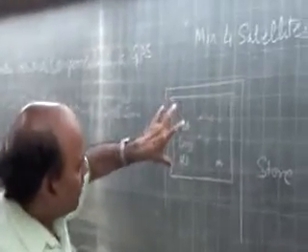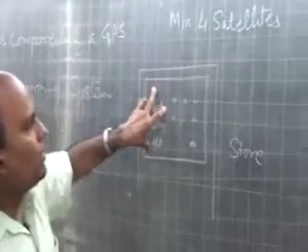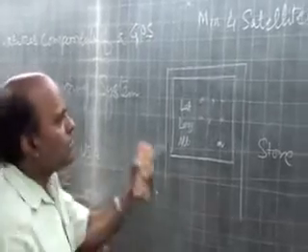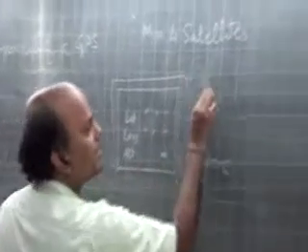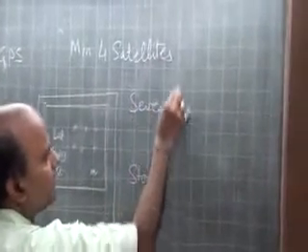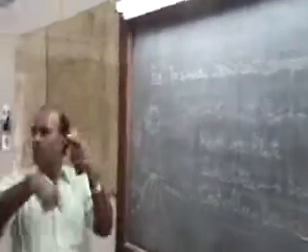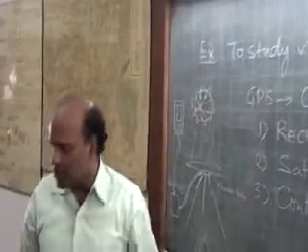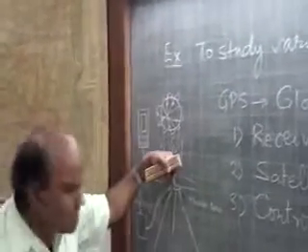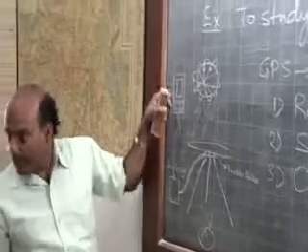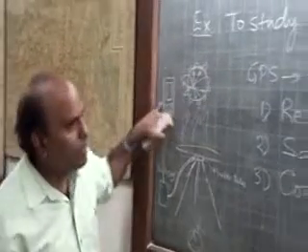Some devices can store 1000 points, some can store 10,000, some can store 50,000 points. From one particular point you take several observations. Don't take one single observation, take several observations. That means this value keeps on fluctuating because the satellites are continuously changing their position. Satellites are continuously sending the signals, and continuously these signals are being updated in the controller.